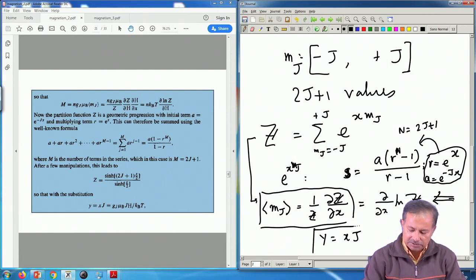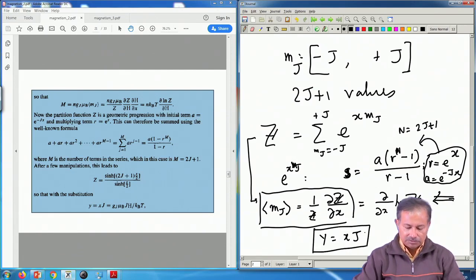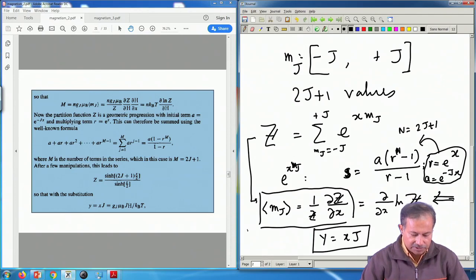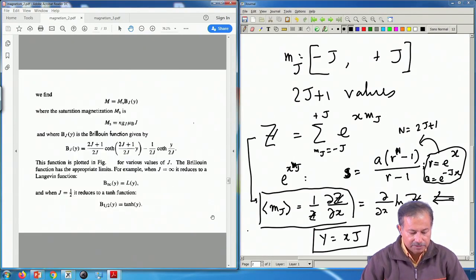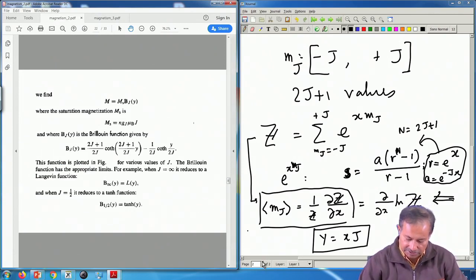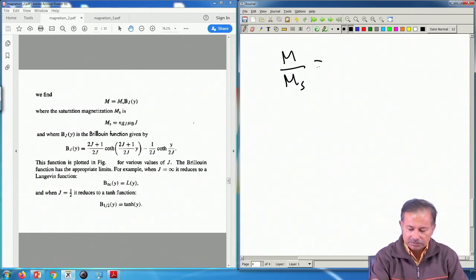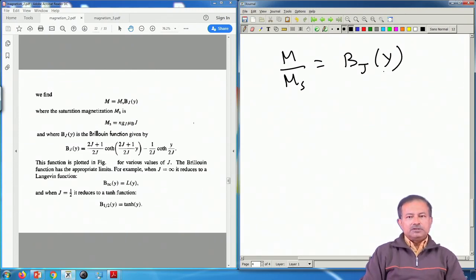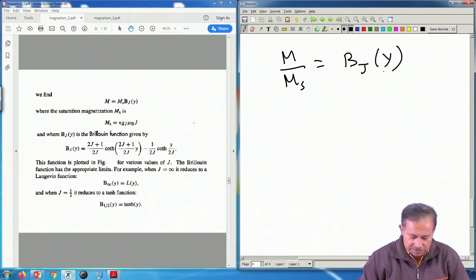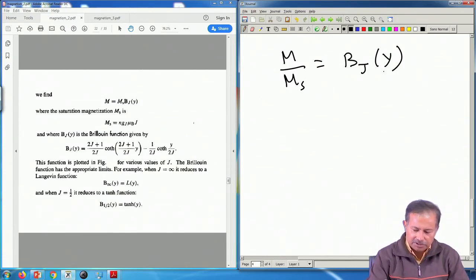Here this is j itself, so in terms of xj you can write the factor M. M is basically the magnetic moment. So M by Ms is what we write again, and that is equal to something called Bj of y. This Bj is called a Brillouin function.